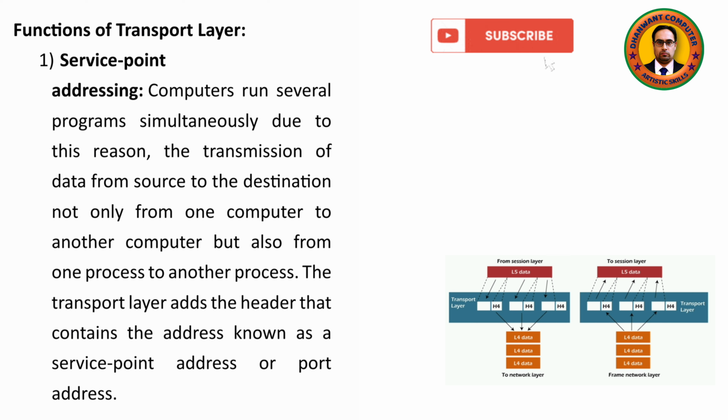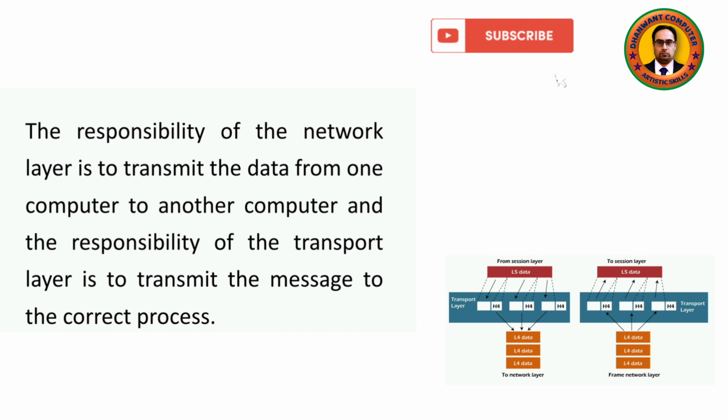The transport layer adds the header that contains the address known as a service point address or port address. The responsibility of the network layer is to transmit the data from one computer to another computer, and the responsibility of the transport layer is to transmit the message to the correct process.